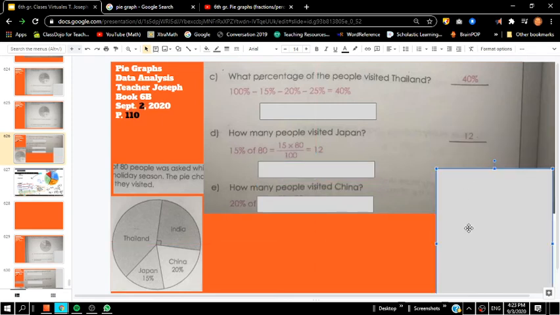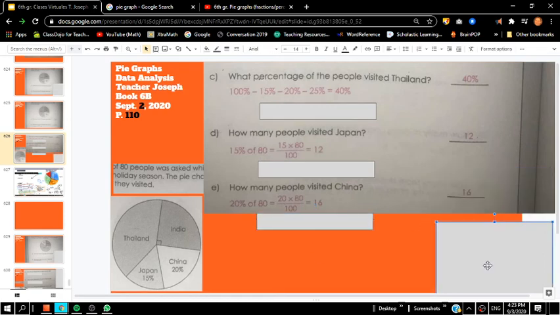And the last problem, how many people visited China? Well, we have 20%, 80 people, so 20% of 80 is the same as 20 times 80 divided by 100, because that's our percentage, and we get 16 people. Okay? So those are your answers for today for page 110.